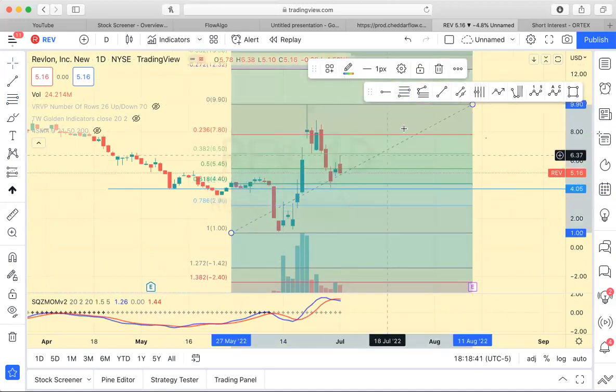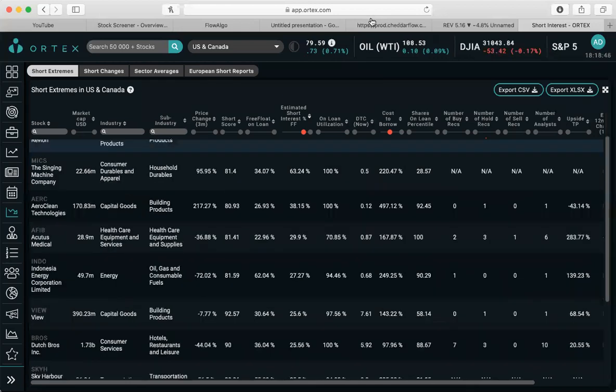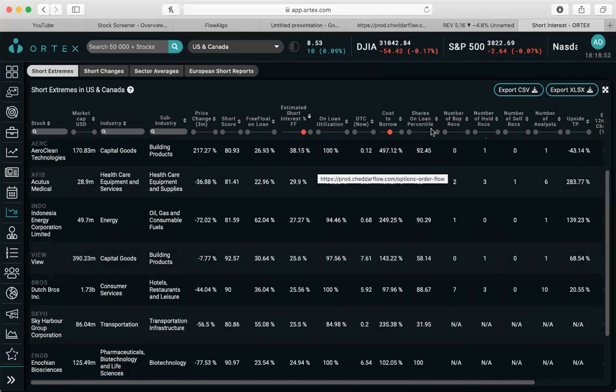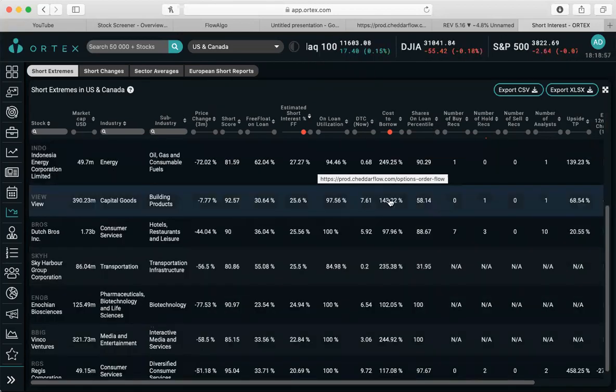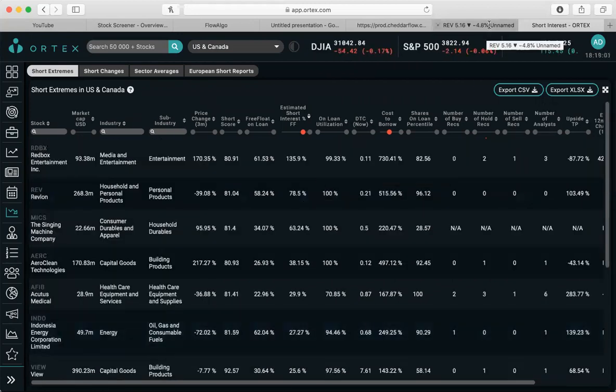Over 6.50 would be my next trigger for $7.80. And I just browse through each of these charts until I find something that I really like, right? Because you have to look through them.